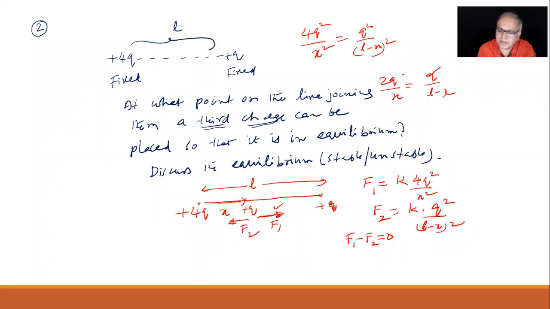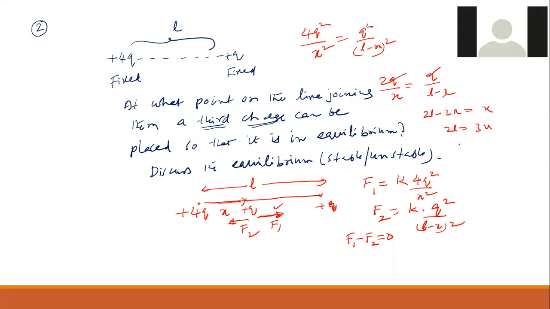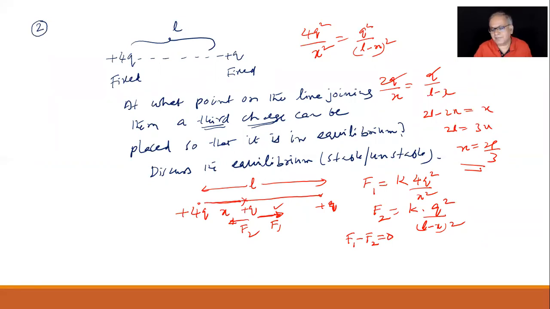So what do I get? 2L minus 2x equals x. So 2L equals 3x. You should solve this, no? Without solving, how can you say anything? So at x equals 2L by 3, any charge you place will be in equilibrium. That is the first answer you should give me.